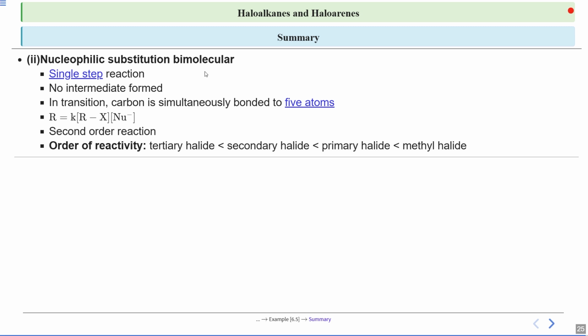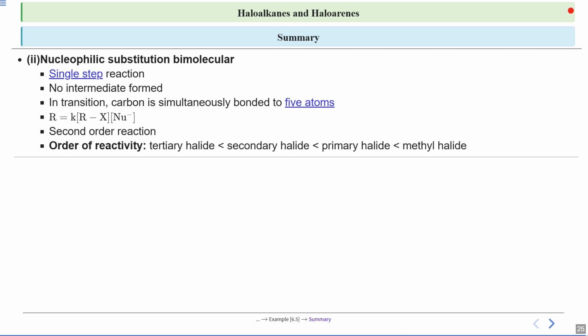The order of reactivity for SN2 reaction is highest for methyl halide, then primary halide, then secondary halide, and then tertiary halide. This is because we want to avoid bulky groups on or near the carbon at which the incoming nucleophile is going to attack.